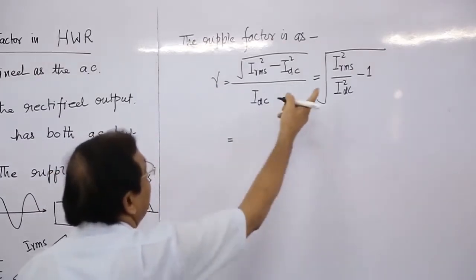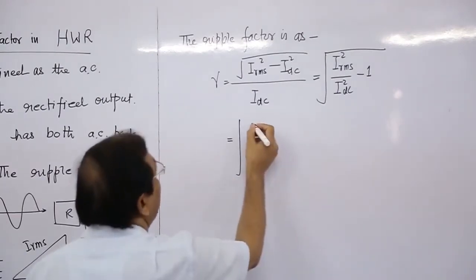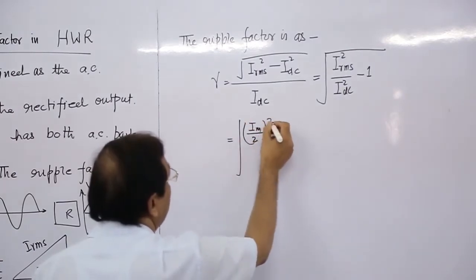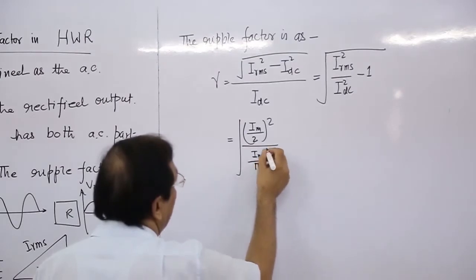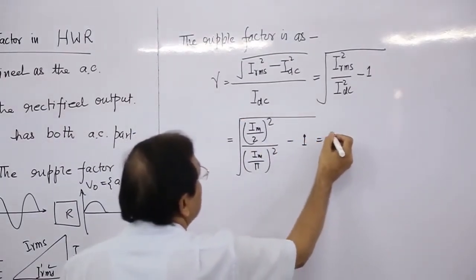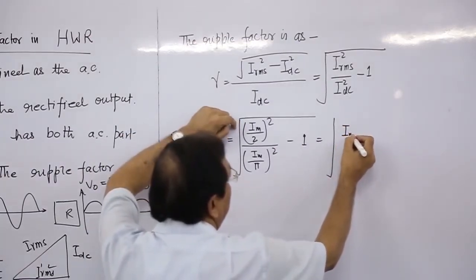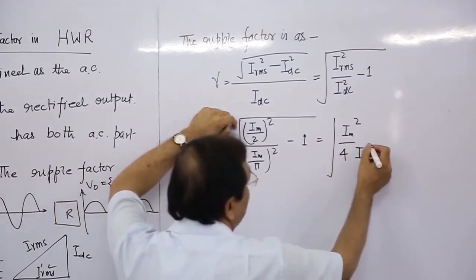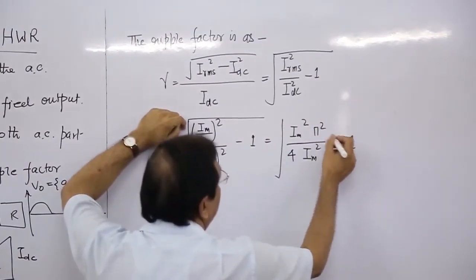So, substituting this value, that is Im by 2 whole square upon Im by pi whole square and then minus 1. So, what we find? This is Im square by 4, and this is Im square into pi square minus 1.